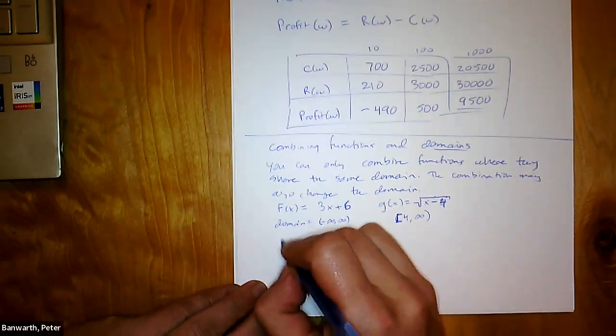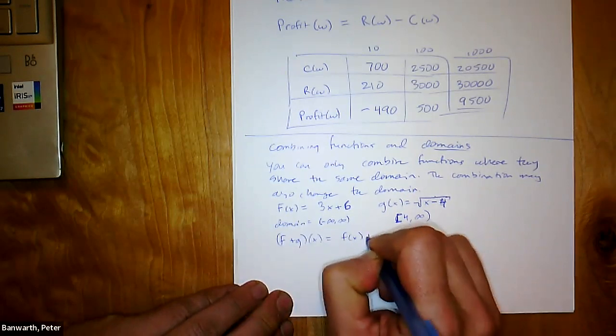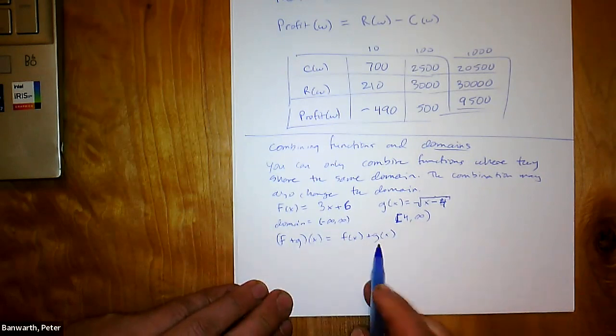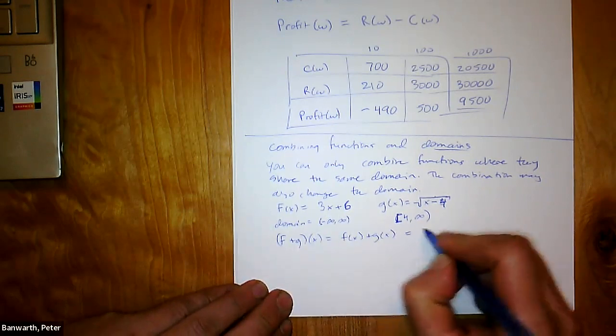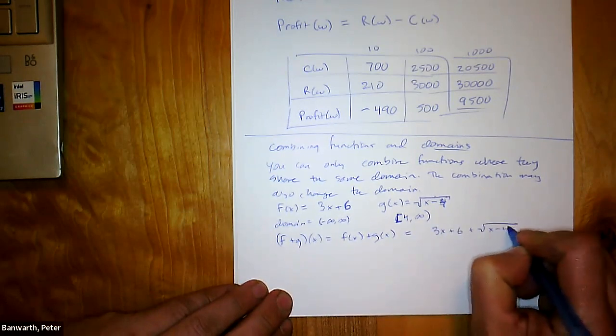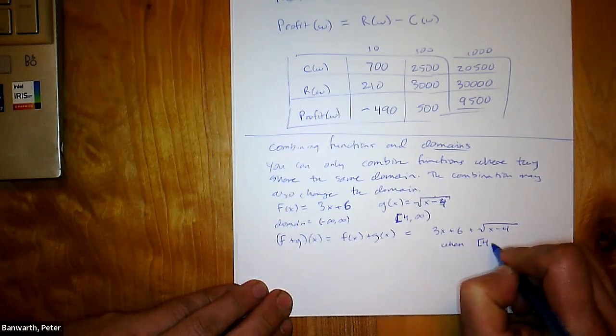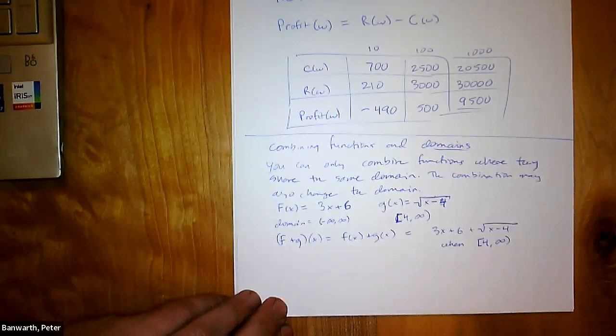So if I want to add f plus g of x, which is just adding the outputs, I can only do that when it works for both functions. So that's 3x plus 6 plus square root of x minus 4 when I'm in the interval from 4 to infinity. Even though I can put -7 in for f, I can't put it in for g. So it restricts the domain.